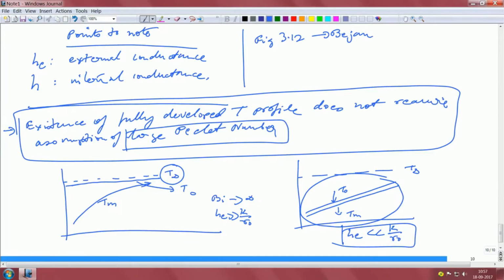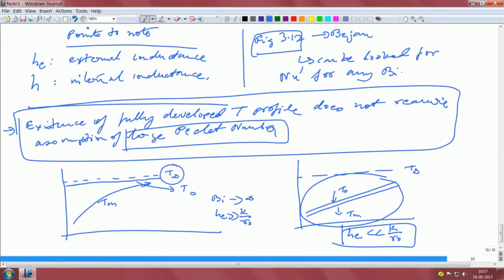There they show it for a Poiseuille flow, which is the flow we are most concerned with, and what the value of the Nusselt number will be. Look at figure 3.12 of Bejan for Nusselt number values, here Nusselt number prime, for any Biot number.